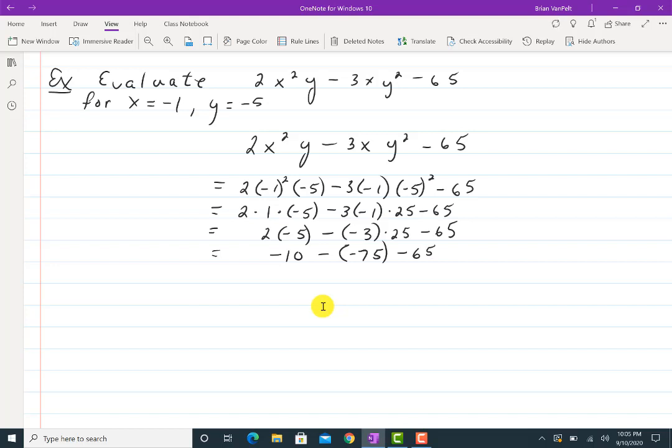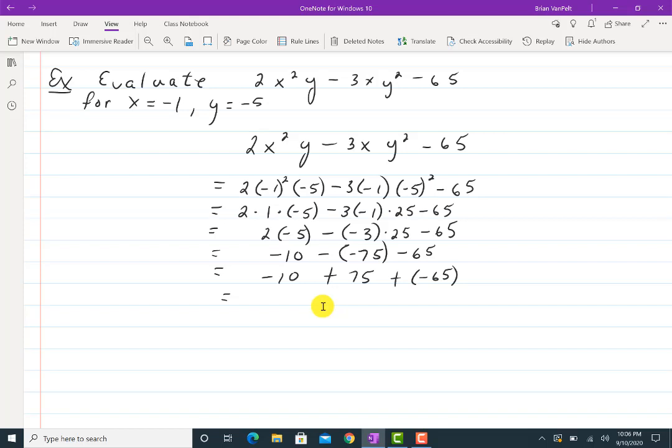And then my last step, I'm going to clean it up so that it follows the way we do addition and subtraction in this course. I'm going to rewrite it slightly like this. The -10 is fine, but the double negative becomes an addition sign. And then -65 I should think of as plus a minus 65. And let's go ahead and go from there. I'll start with the negative 10 plus the 75. I'll go from left to right.